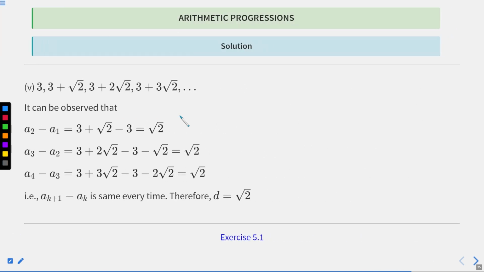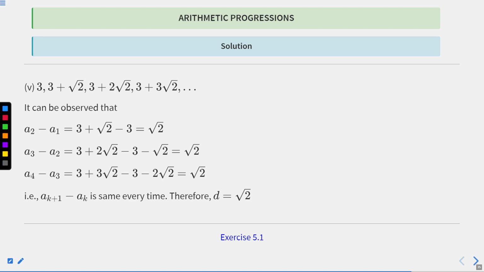For the next one we are given this list of numbers: 3, 3 plus root 2, 3 plus 2 times root 2, 3 plus 3 times root 2, and so on. It can be observed that A2 minus A1 is equal to 3 plus root 2 minus 3, that is equal to root 2.